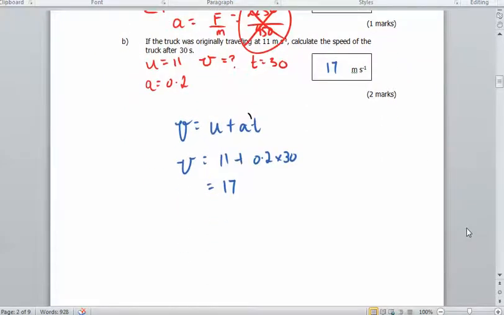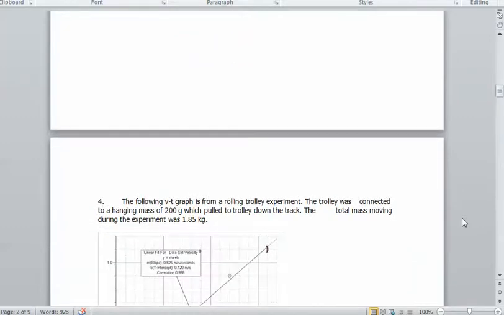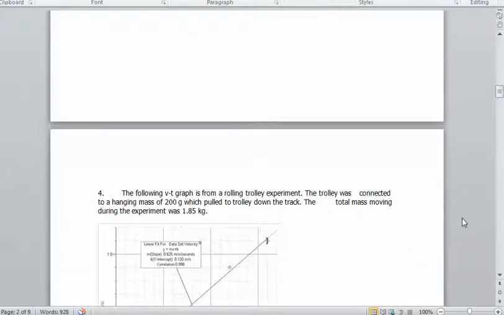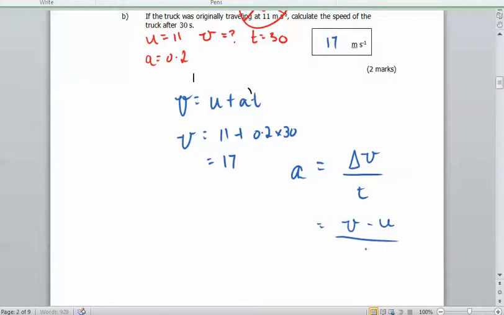Yeah, well, you can use a different way. Absolutely. Which way did you do it, Luke? Well, that's just rearranging this, isn't it? That's all you've done there. Now let's think about it. How else do you know the acceleration? Acceleration is the change in velocity over time. And the change in velocity is the final velocity minus the initial velocity over time.